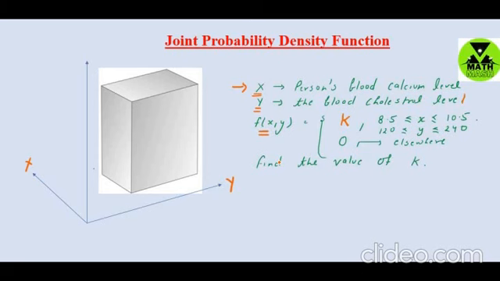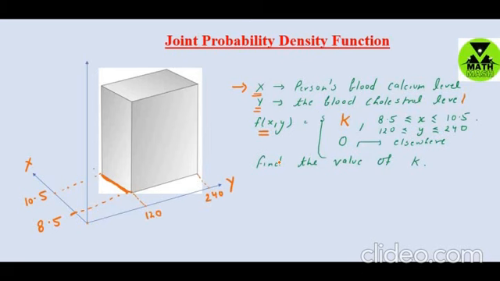Let this point be 8.5 and this point be 10.5, so x is taking all the values from 8.5 to 10.5. Now y is taking values from 120 to 240. Let this be the origin. So this is the y scale, and this point is 120 and this is 240.